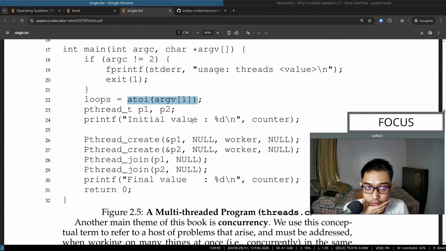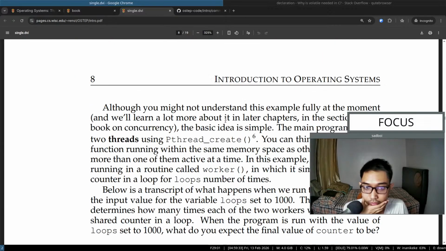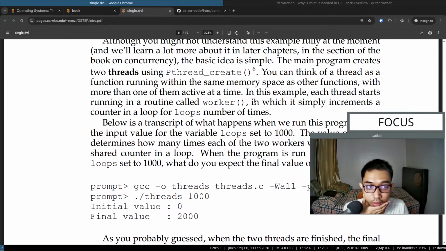Okay, like this one. Each thread starts running in a routine called worker, in which it simply increments a counter in a loop for loops number of times.